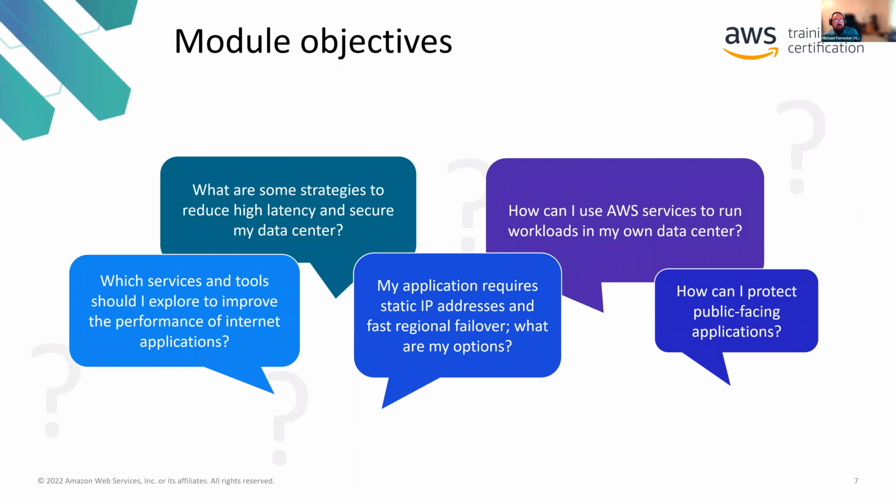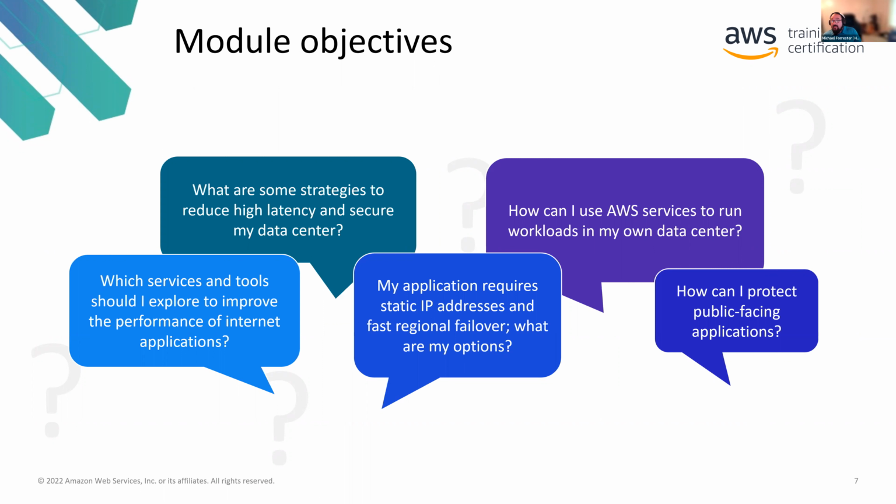So for this module, the questions that we're looking to answer with that variety of services that I just talked about were: how can we improve the performance and user experience for internet applications? How can we reduce latency? How can we secure and protect AWS at a variety of different layers?